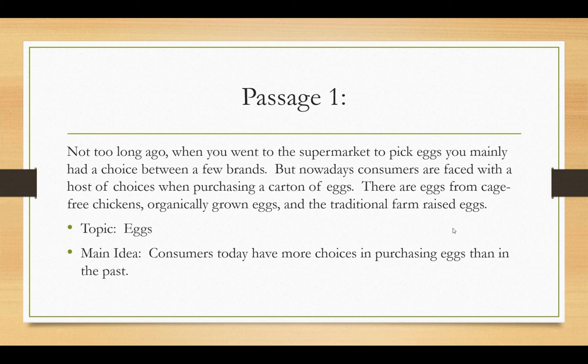So what if we could state our main idea in a sentence? Consumers today have more choices in purchasing eggs than in the past. So we've taken our topic of eggs and we've broken this passage of several sentences down into one sentence that contains our main idea. I'll give you just a few moments to look at that.